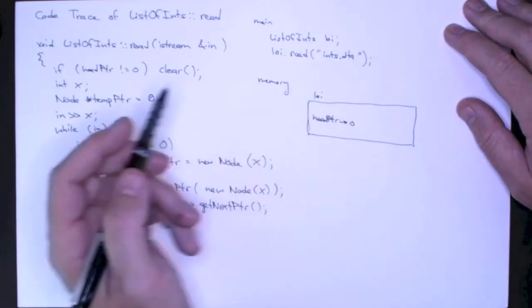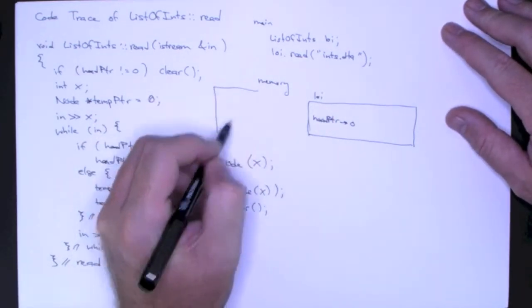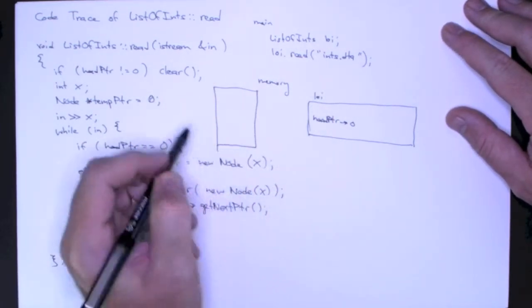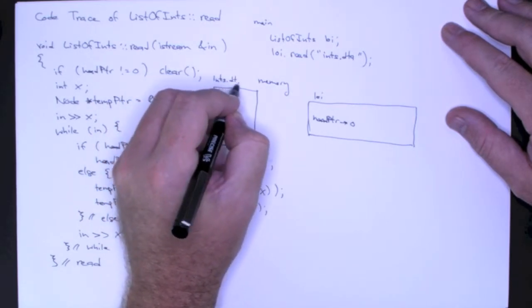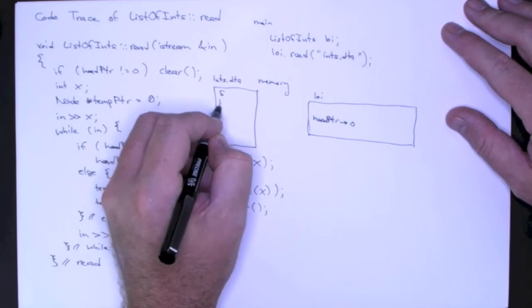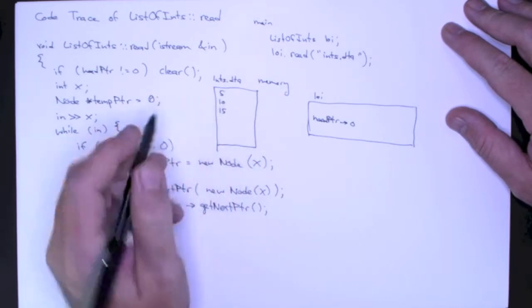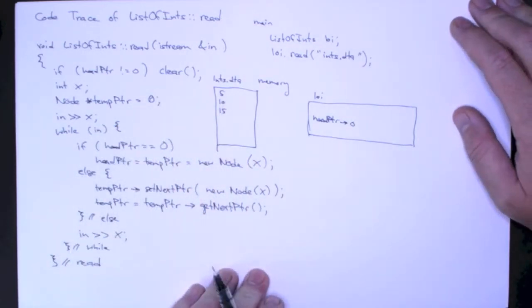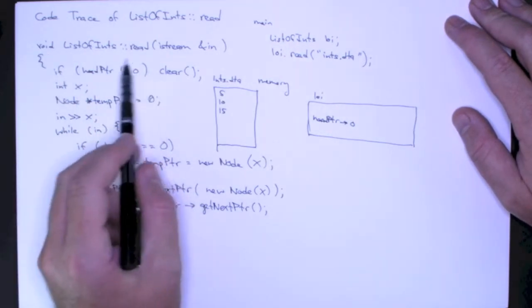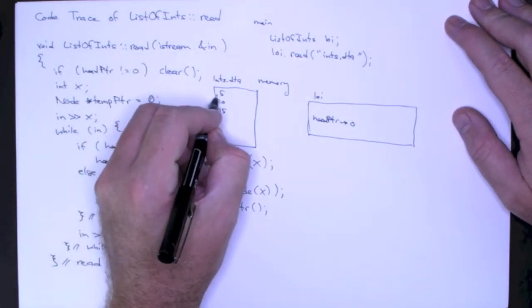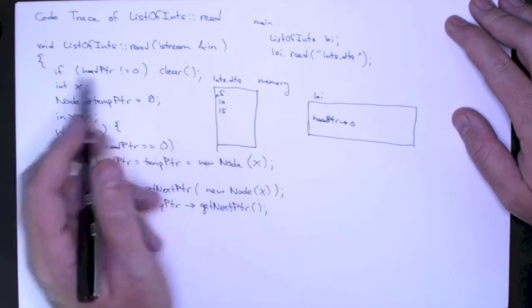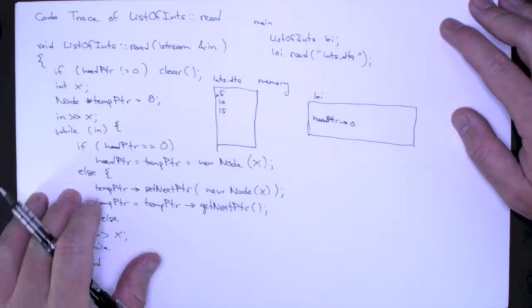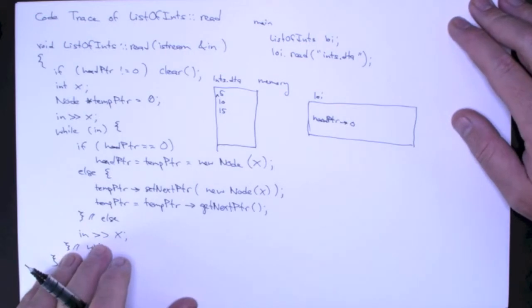Let's say my ints.dta, so here's my file, and I'm going to make this pretty simple, just has 5, 10, and 15 in it. When we start executing this, our little reading pointer is going to be at the beginning of the stream associated with this file.